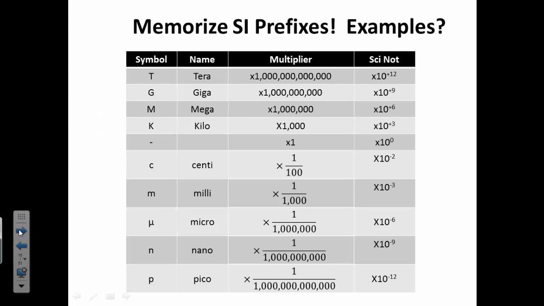All right. So this is a table out of your book that you need to memorize, and this is the symbol we use for the prefix. That's our SI prefix. There's a name for it, and you'll notice here that we really only care about the items by powers of 3. With one exception.